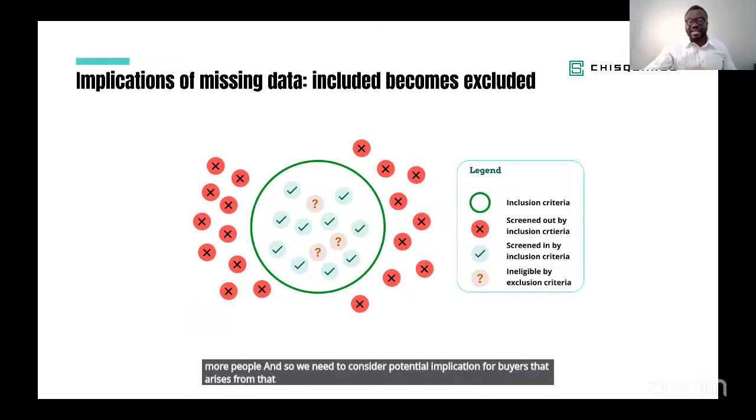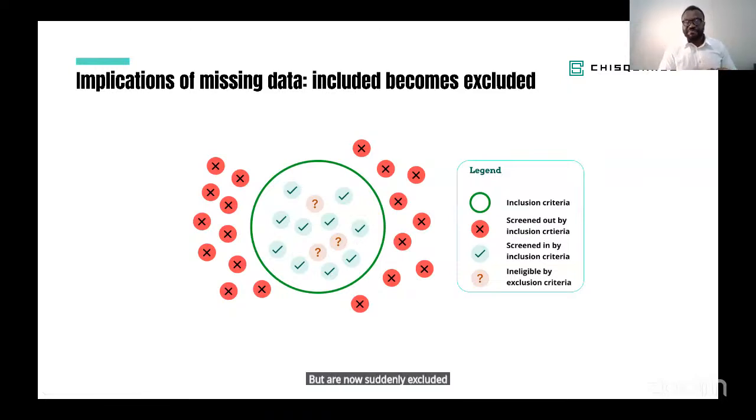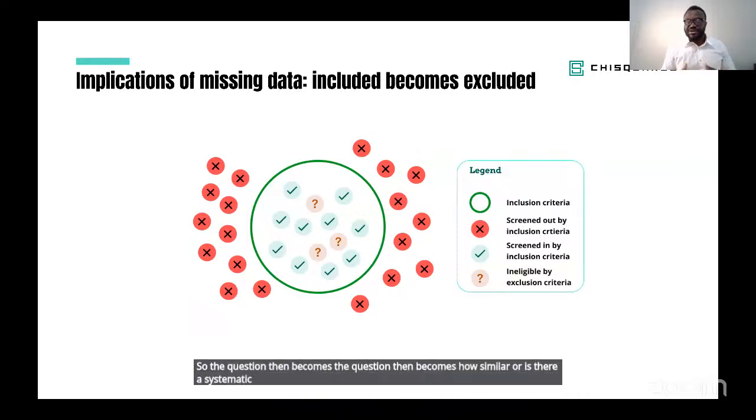Because we had individuals who were included in the survey that are now suddenly excluded because of missing values. So the question then becomes, is there a systematic difference between individuals who have been removed because of missingness versus those who have not been removed?